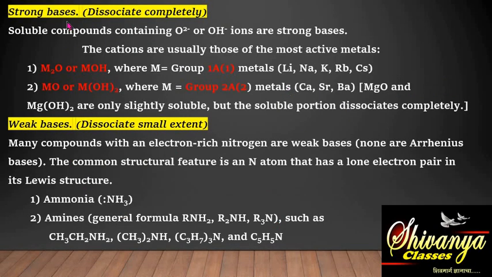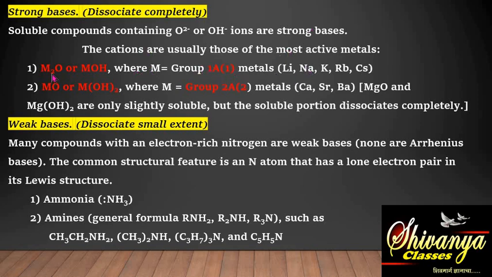Now about the bases. Same as acids, strong bases are the bases which dissociate completely. Weak bases are the bases which dissociate to a small extent. The strong bases examples are either M2O or MOH, where M stands for the group 1A elements.